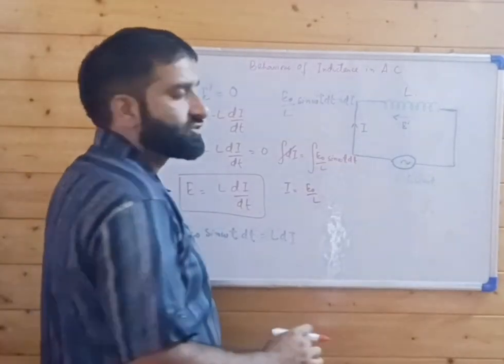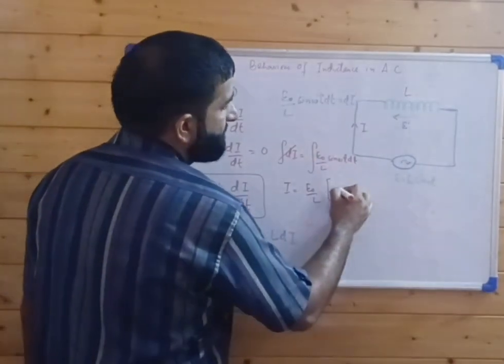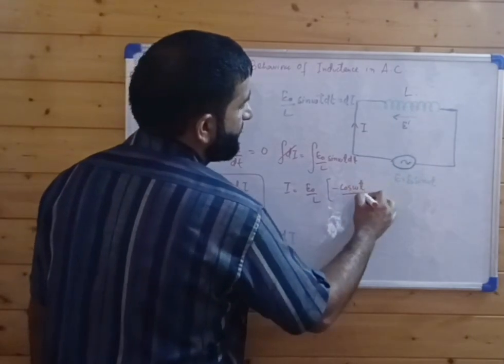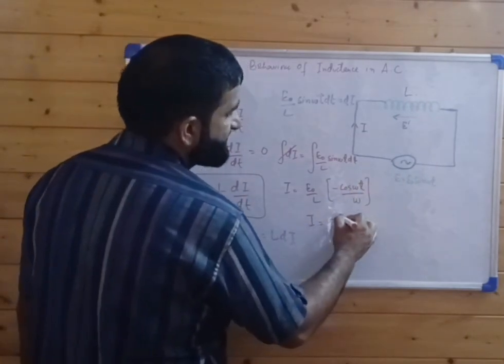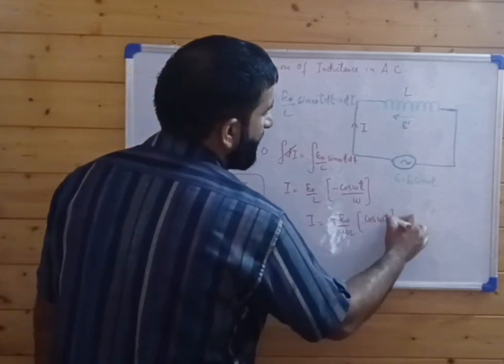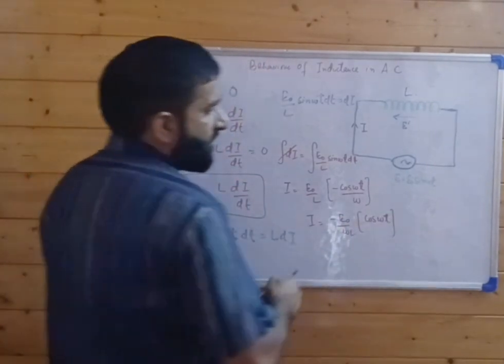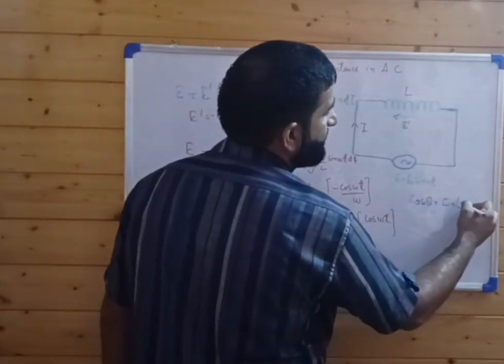The integration of sine omega t is minus cos omega t, and the integration of omega t gives 1 by omega. So we have minus cos of omega t by omega. So I will be equal to minus E0 divided by omega L cos of omega t. We also know that cos theta is equal to sine of 90 minus theta.